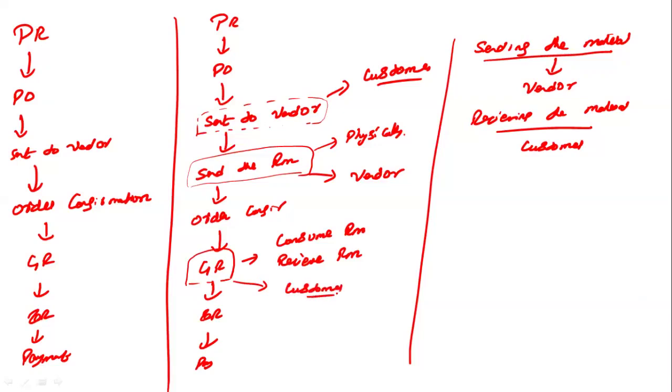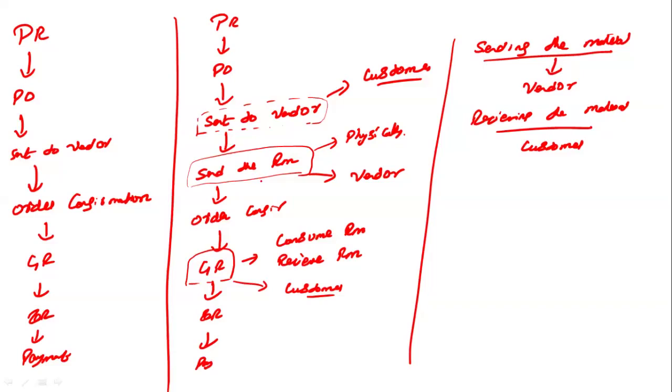So when I'm sending the raw material, I am the vendor. When I'm receiving the material, I am customer. So I am going to act both as customer and vendor. In this subcontracting process, from our side, we are the customer. And when we are sending the raw material, we are the vendor.